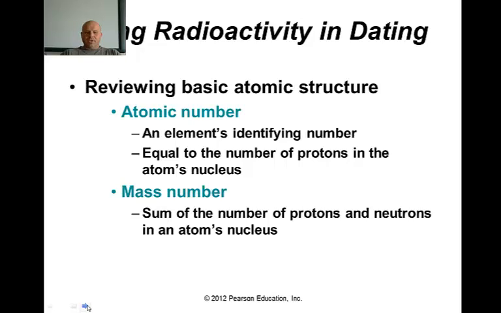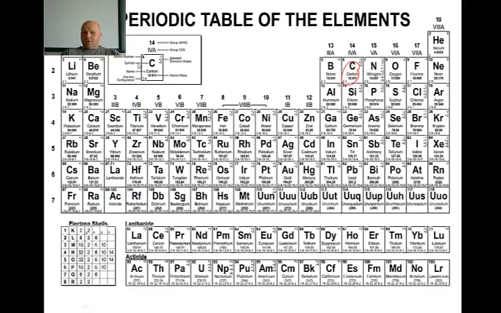So carbon, with number 6, has 6 protons, and typically that goes along with the electrons as well: 6 protons, 6 electrons, which is normal. Carbon's a good one to use in this case, and you'll notice I'll talk about carbon a lot because we use a lot of carbon in radiometric dating.